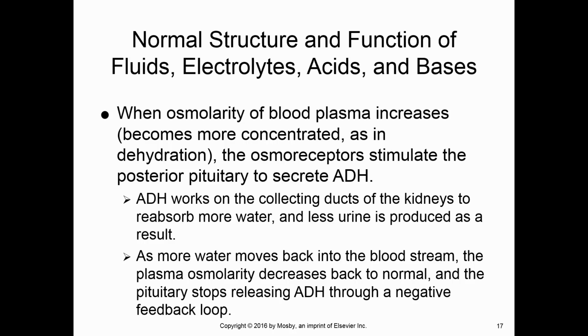And that also works on the kidneys to reabsorb more water, and of course less urine is produced. And then as the water moves back into the bloodstream or back into the plasma, the osmolarity normalizes, and that's the feedback loop to stop releasing the antidiuretic hormone.